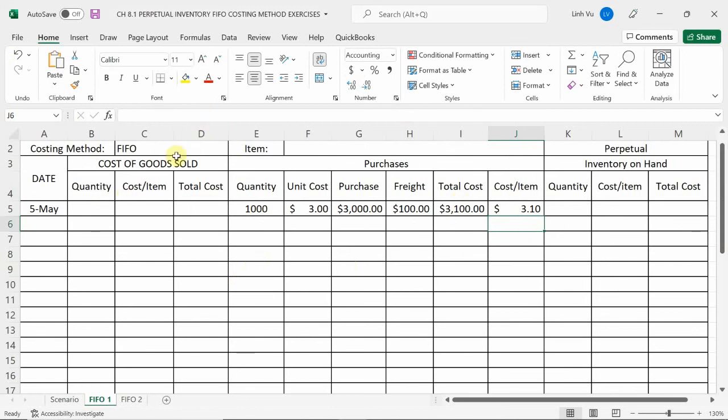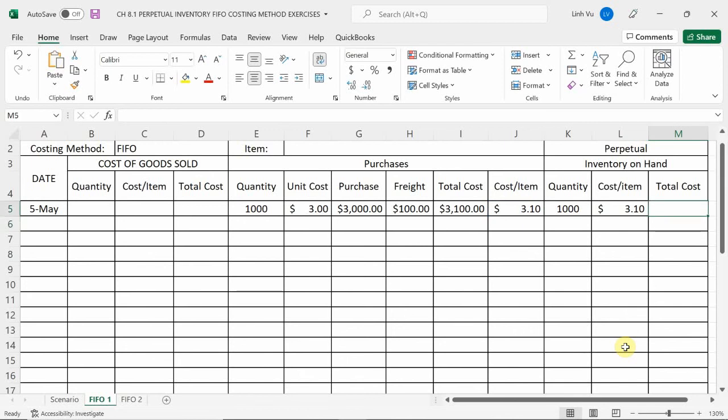Because we finished the second section, now we need to transfer this, because this is going to give you your goods available, in the inventory on hand table right here. I'm going to transfer this information saying that I have 1,000 units at a cost per item of $3.10.